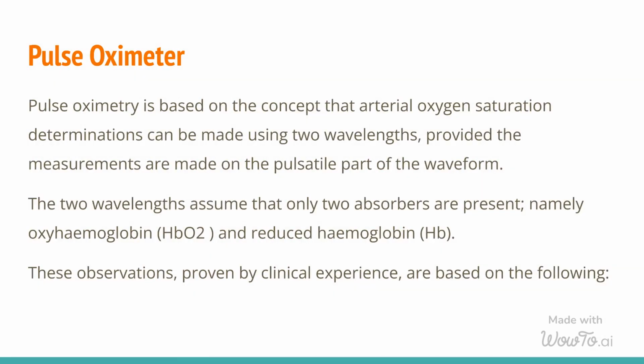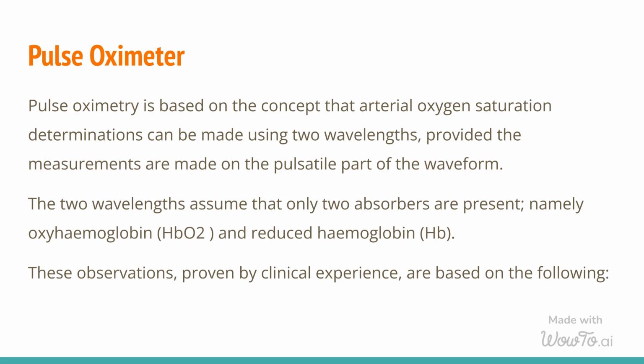A pulse oximeter is a small portable device that measures the oxygen saturation level in a person's blood. It does this by emitting a beam of light through the fingertip or earlobe and detecting the amount of light that is absorbed by the oxygen-carrying hemoglobin in the blood. This information is then used to determine the percentage of hemoglobin that is saturated with oxygen.